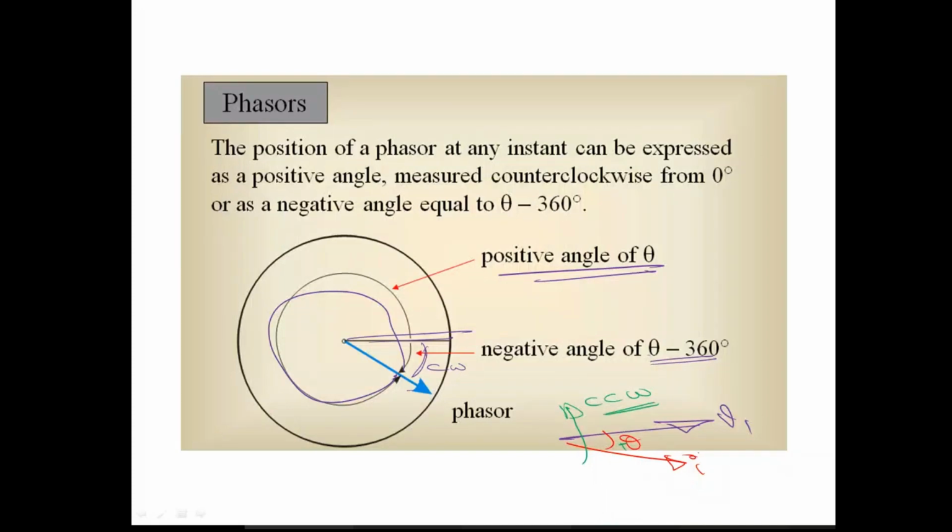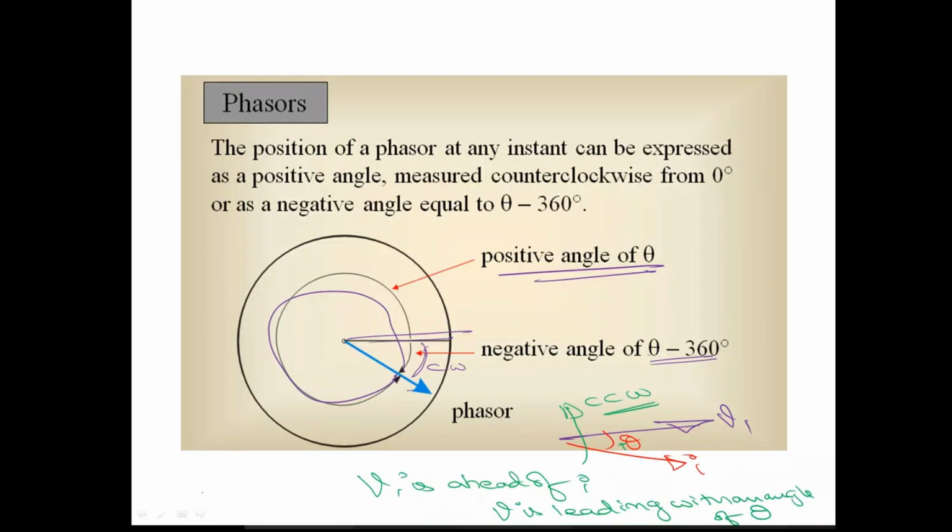Now if you look in the counterclockwise direction, V is ahead of I. Therefore, I say V is leading, V is leading with an angle of theta.